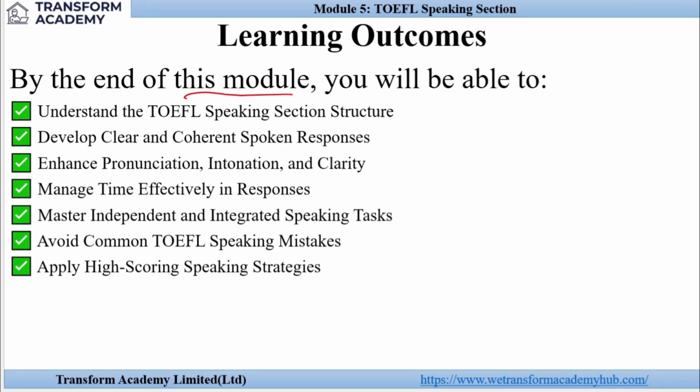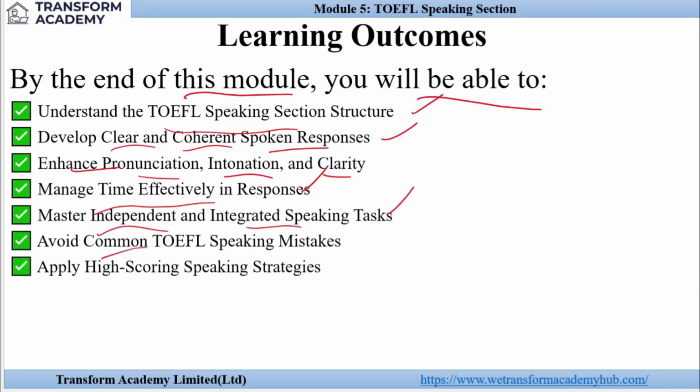By the end of this module, you'll be able to understand the TOEFL speaking section structure, develop clear and coherent spoken responses, enhance pronunciation, intonation, and clarity, manage time effectively in responses, master independent and integrated speaking tasks, avoid common TOEFL speaking mistakes, and apply high scoring speaking strategies.